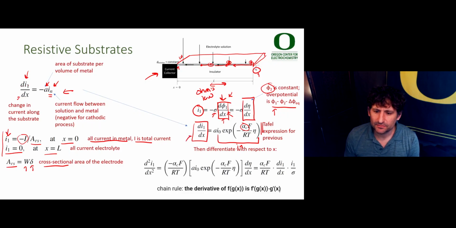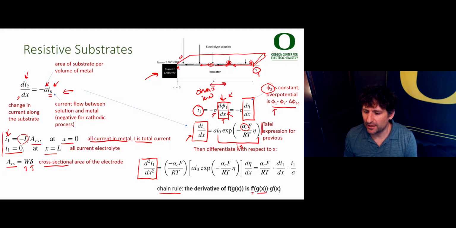Now we can take this expression and we can differentiate it again with respect to x. And you have to remember the chain rule. So the derivative of a function that's a composite function is the derivative of the outside function evaluated at the inside function times the derivative of the inside function with respect, in this case, to x. So we can do that here. Here is the outside function.